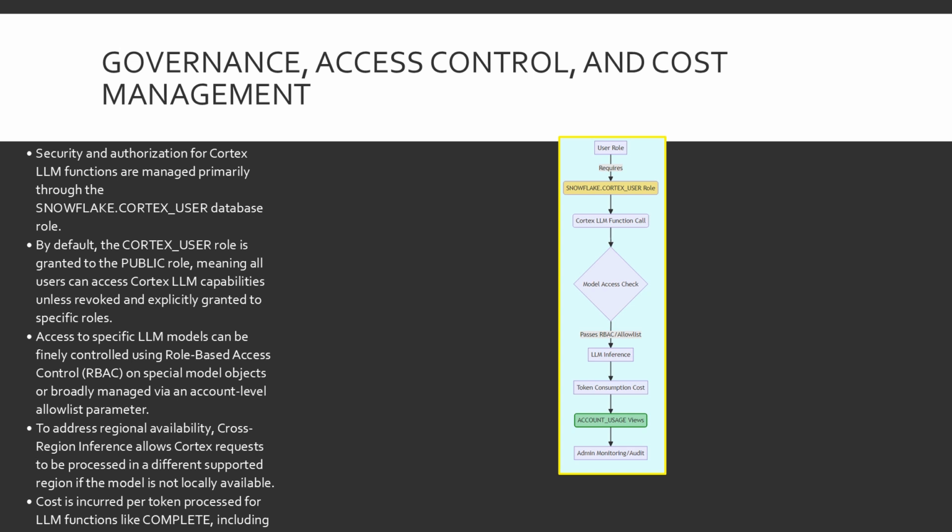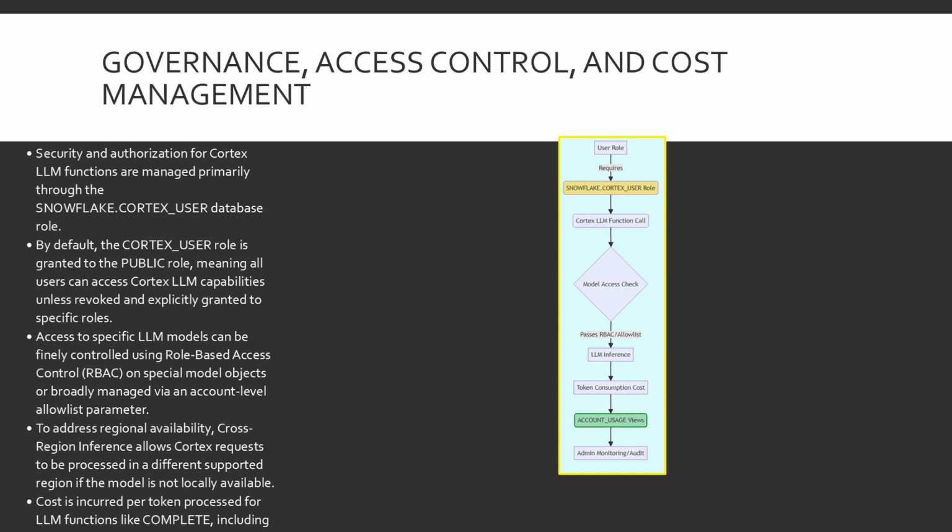This diagram illustrates the governance pipeline for Snowflake Cortex LLMs. First, any user initiating a Cortex LLM function call must possess the necessary privileges, typically granted through the Snowflake.Cortex_user database role. The function call then proceeds to a model access check, where access is verified against configured role-based access control and account-level allow lists.